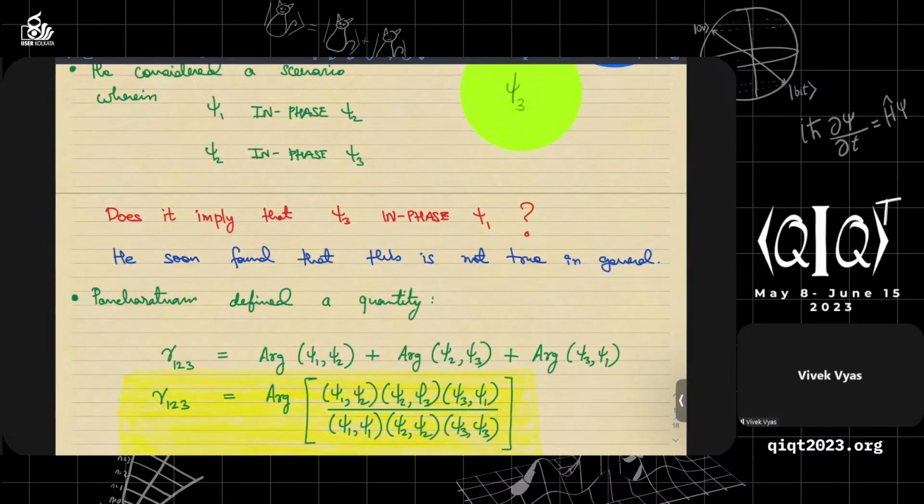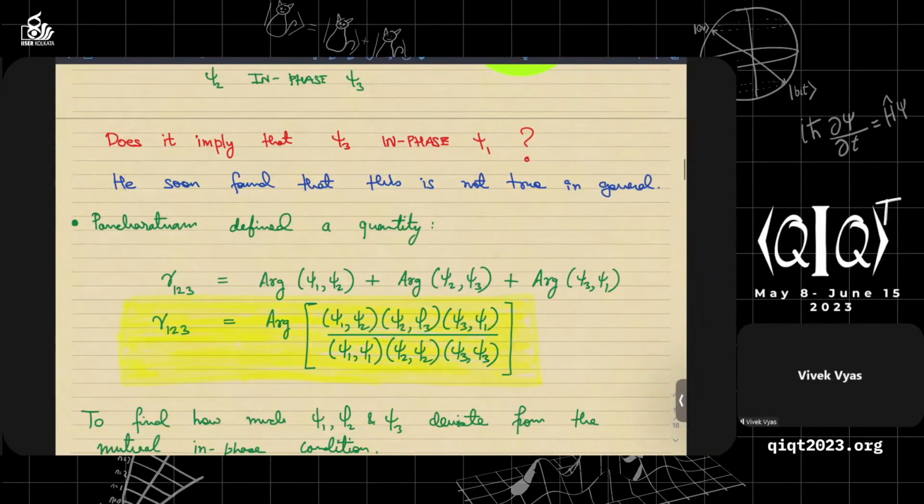So in order to measure the deviation from this in-phase condition, he said let me add all the relative phases. If you add all these three quantities, using the properties of the argument, you can rewrite it in a nice symmetric form. So you have three inner products in the numerator: the inner product of psi 1, psi 2, of psi 2, psi 3, and of psi 3, psi 1.